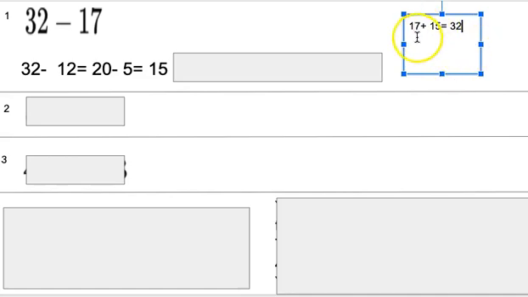So let's see, 7 plus 5, so 7, 8, 9, 10, 11, 12, have your 2, and then you bring over your 10 into the tens column, and it equals 32.